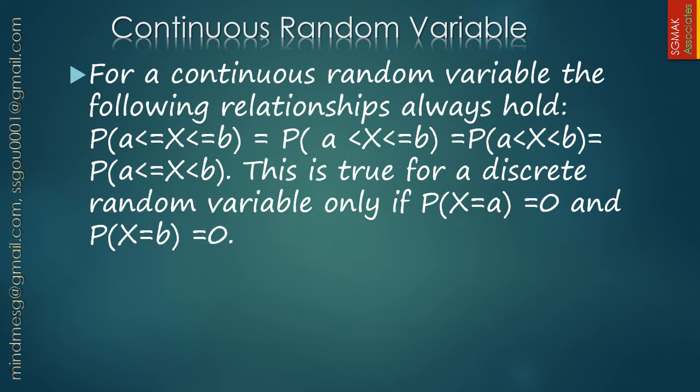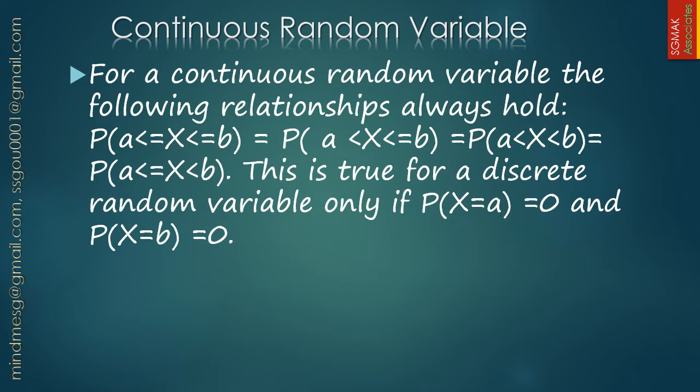So probability x lies between A and B is the same as probability x lies between A and B with less-than-or-equal on either side, or you drop the equality on one side. This is true for a continuous random variable simply because the probability attached to a specific value for a random variable is always 0.